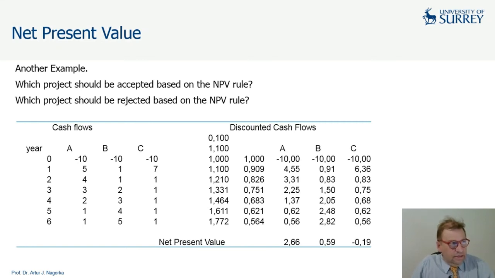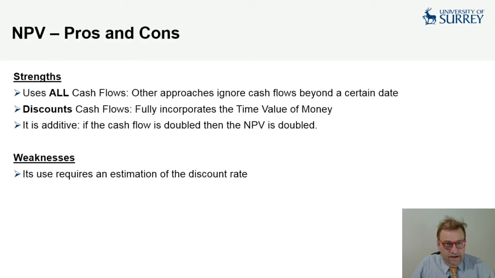So this is a very, very good tool. There are a couple of pros and cons. It has a substantial number of pros because it uses all cash flows. The previous approaches ignored cash flows beyond a certain date, but this one includes everything.